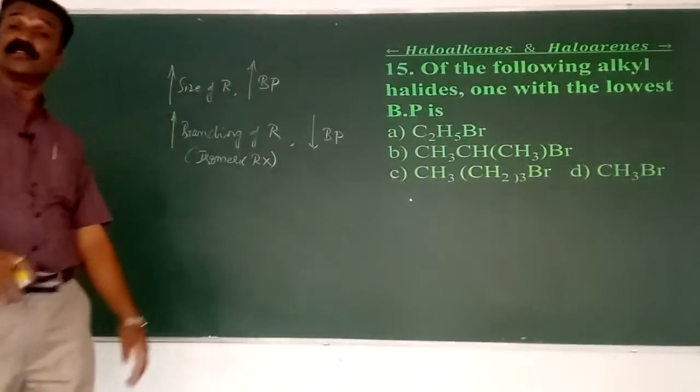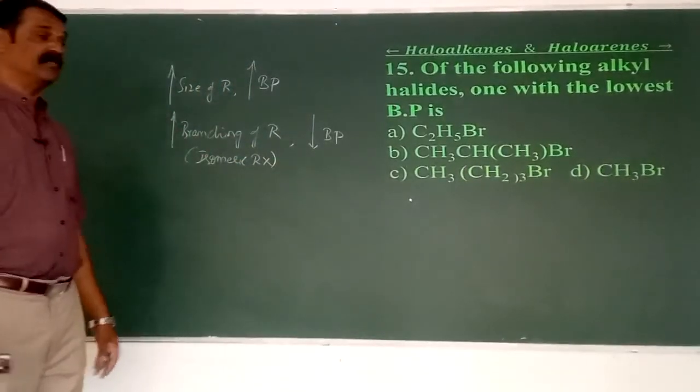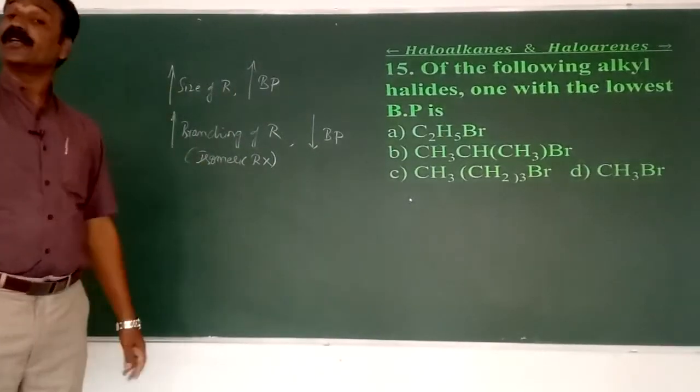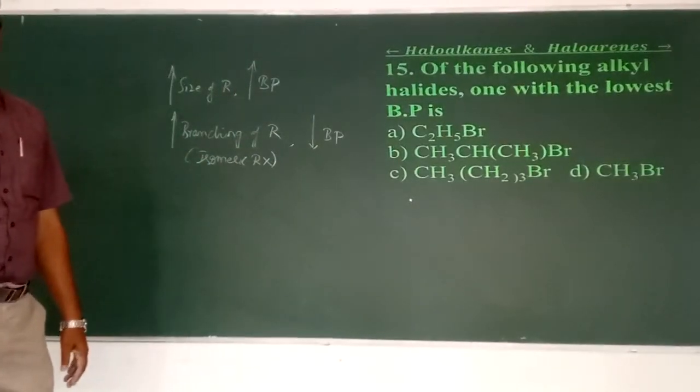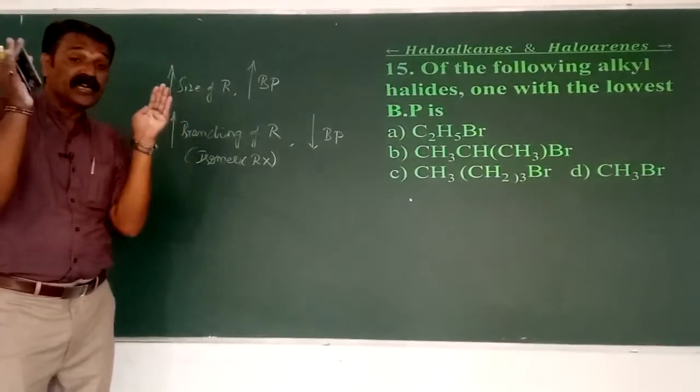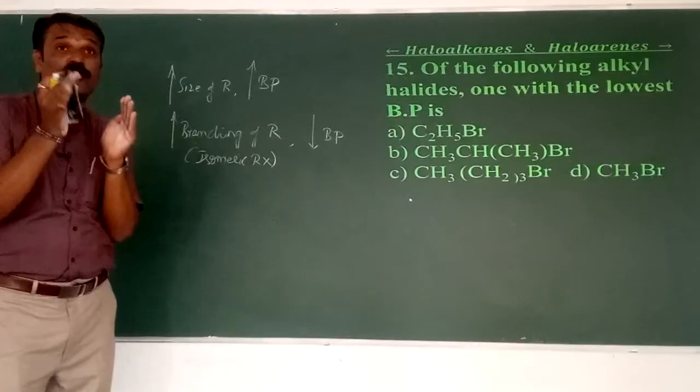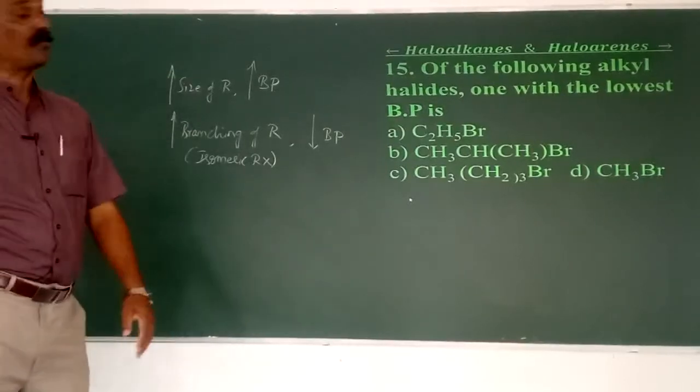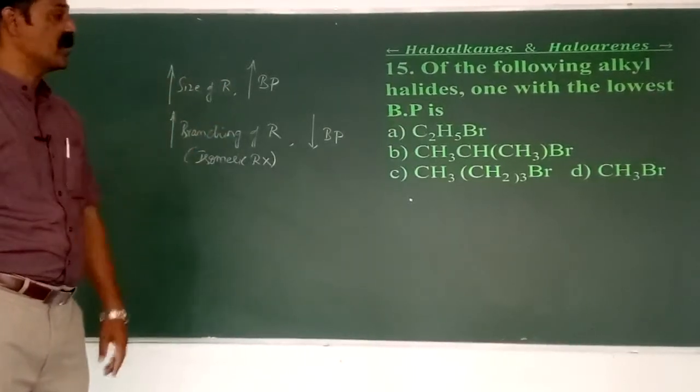As the van der Waals force increases, the boiling point also goes on increasing. But if they are isomers having the same molecular formula, increasing branching decreases the van der Waals force. A decrease in van der Waals force means it decreases the boiling point.